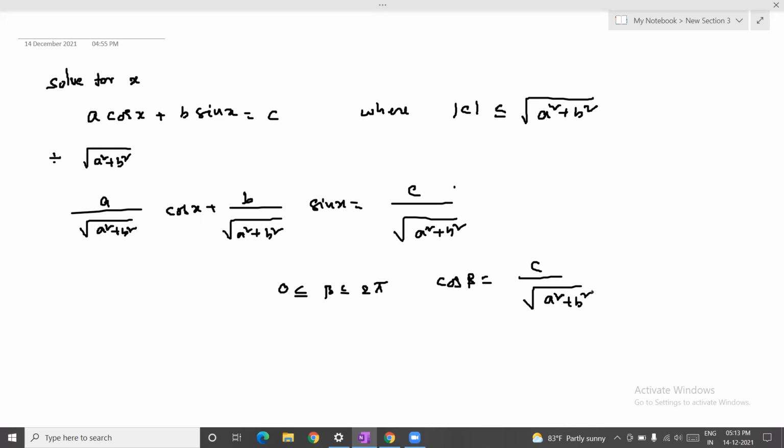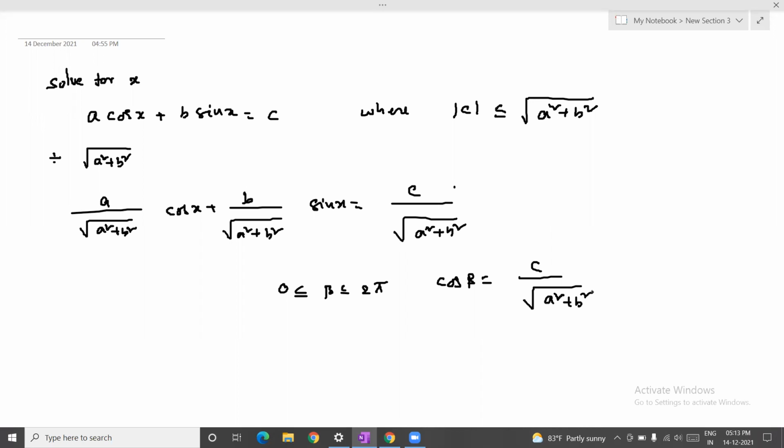See, the given is modulus of C is less than root of A square plus B square. What is the meaning of that, students? The C value is less than the root of A square plus B square value.